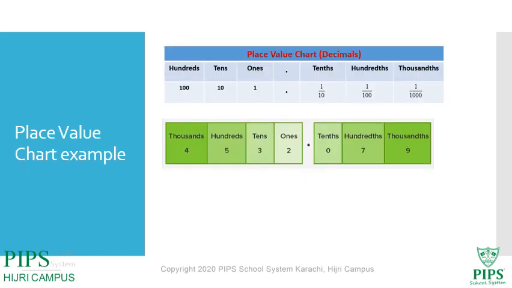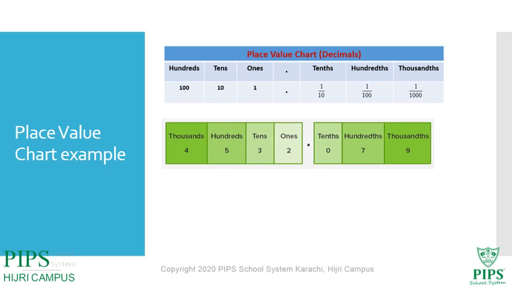Place value charts. This is a very important slide which we discussed in the previous slide as well as today. This place value chart should be known by each of you. The chart has the decimal point, then ones, tens, hundreds on the left hand side, and tenths, hundredths and thousandths on the right hand side.